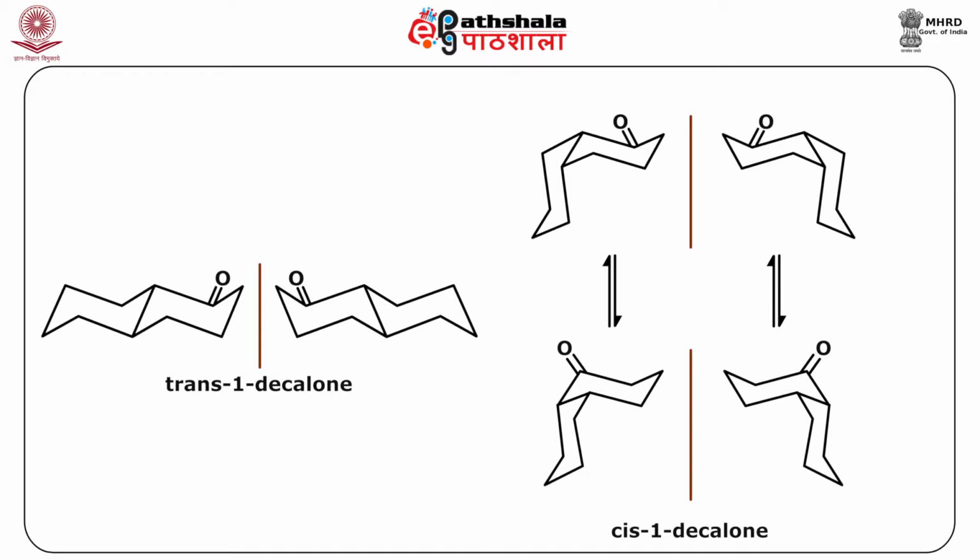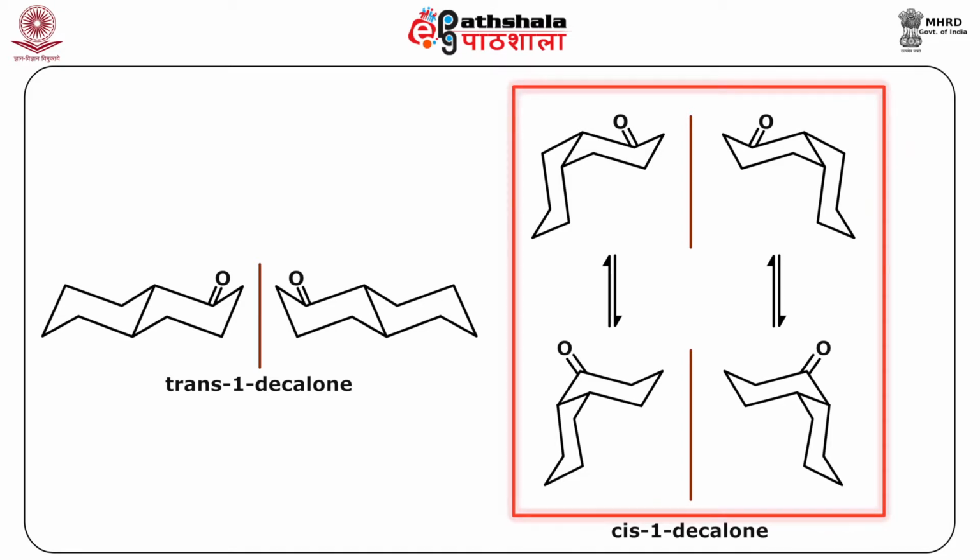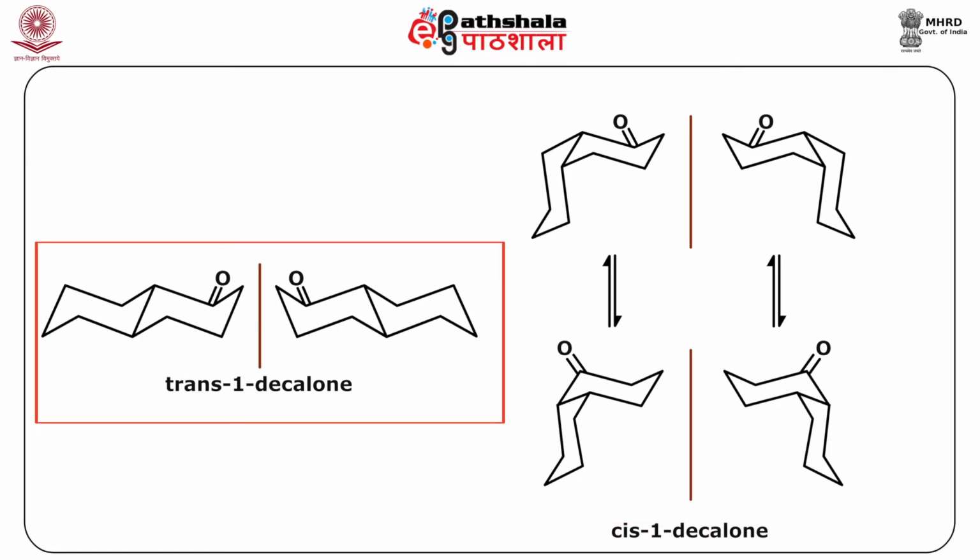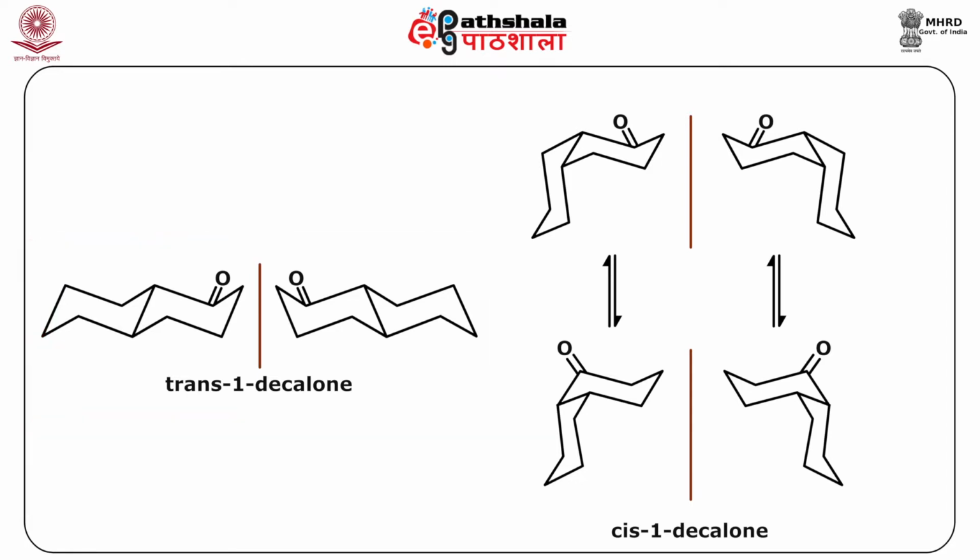Each resolvable pair in cis-1-decalone is in equilibrium with its conformer due to ring flipping. This does not happen in the case of trans-decalone as it is conformationally locked. So, in all there are 4 stereoisomers in 1-decalone, that is an enantiomeric pair for the trans decalone and an enantiomeric pair for cis decalone, but each enantiomer is in equilibrium with its ring flipping structure.